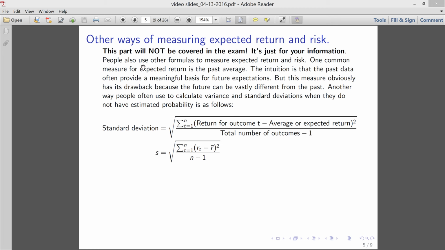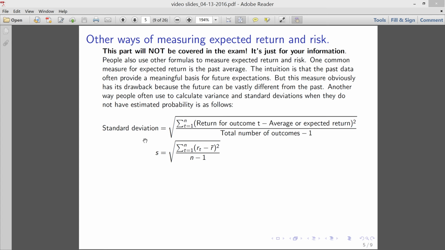If we use the past as our basis for the expected return, then the expected return is simply the average of all the past returns. Suppose you look back 5 years and think that's a good representation. Your expected return could just be the average of the past 5 years of annual returns.